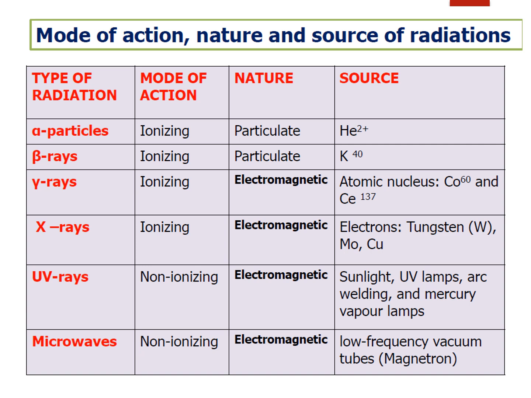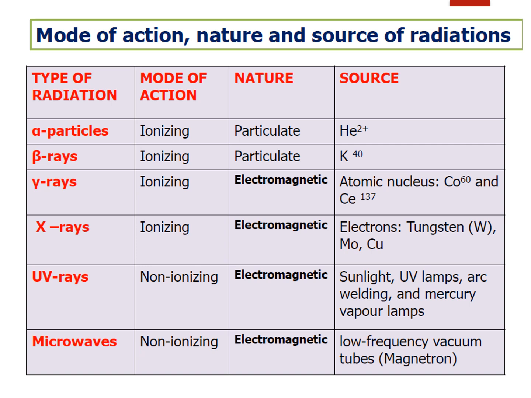Mode of action, nature, and source of radiation. In previous slides, we saw the types of radiations. Alpha particles, beta rays, gamma rays, and X-rays are ionizing radiations.